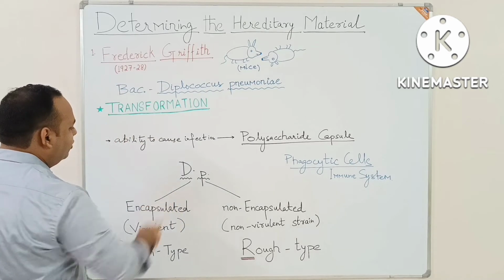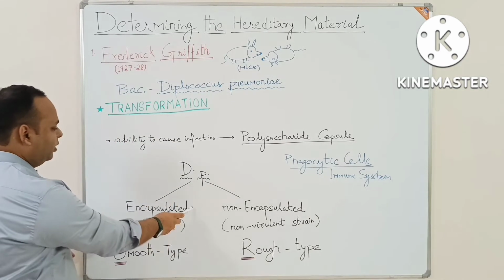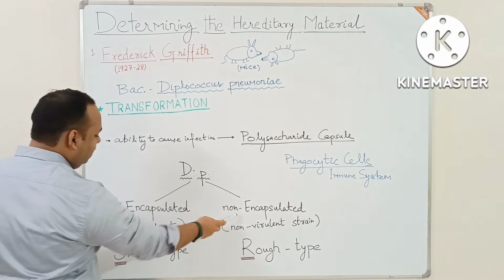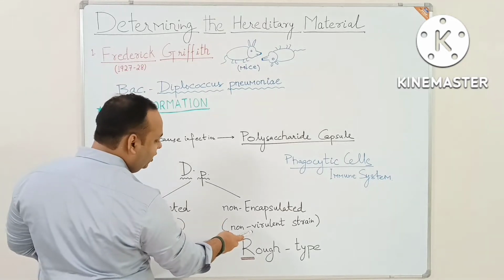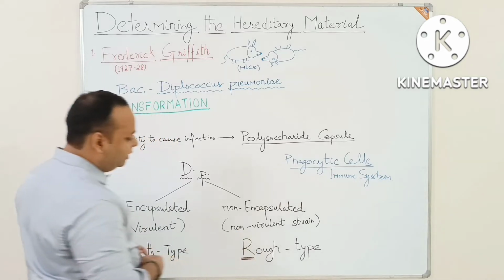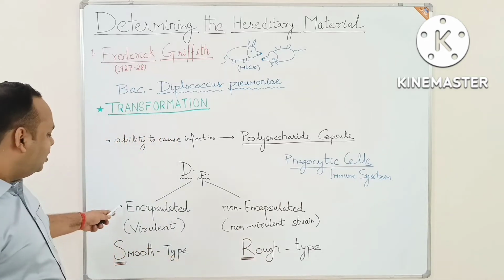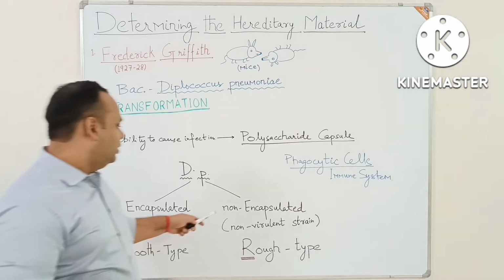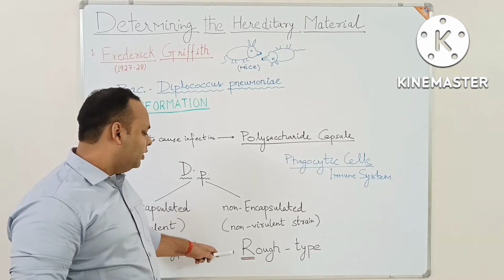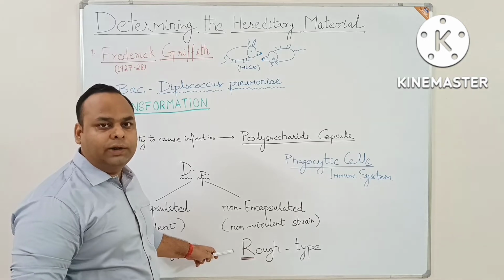Diplococcus pneumoniae is of two types, one with a capsule and one without a capsule. The encapsulated one is virulent and causes disease. The non-encapsulated one is non-virulent and does not cause any illness. The encapsulated one is also known as the smooth type or S type strain. The non-encapsulated is also known as the R type or rough type strain.